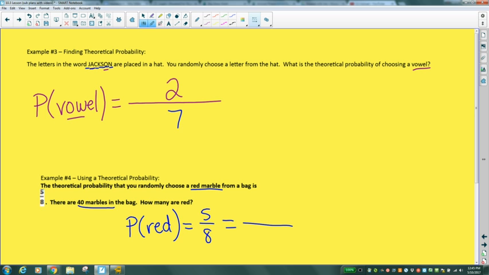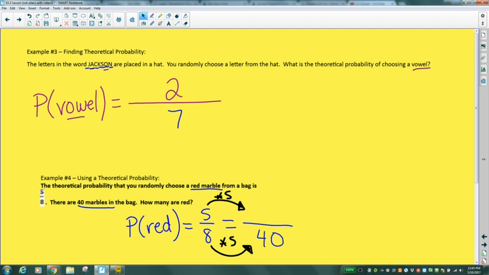So I'm going to rewrite my fraction, but I want 40 as my denominator because 40 is the total marbles in the bag, so the total possible outcomes. And so now, what do I do to 8 to get to 40? Well, I'm multiplying by 5. So then what am I going to do to 5? Multiply by 5, because whatever you do to the bottom, you have to do to the top.